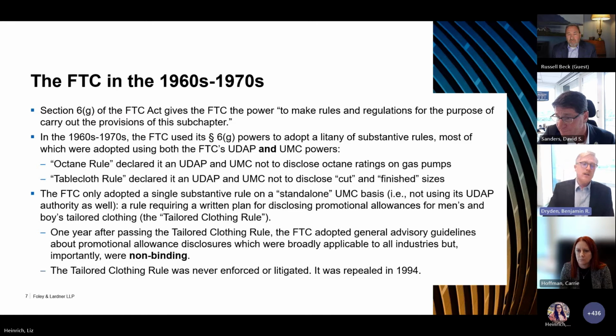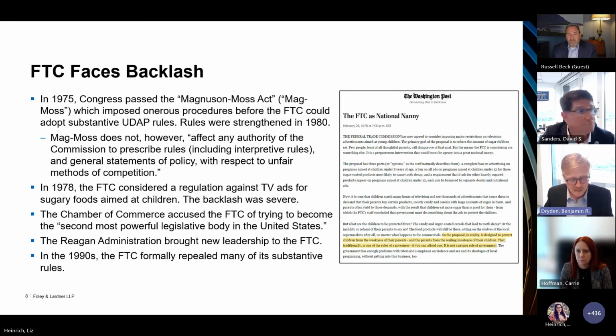Next slide. So this trend was in the 60s and the 70s, and eventually there was a backlash. And the chronology, it's not exactly a straight line, but one of the breaking points was in 1978, where the FTC considered a rule against television ads for sugary foods aimed at children.